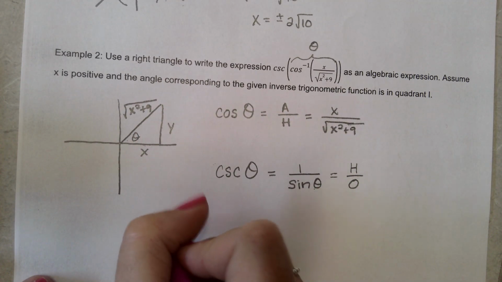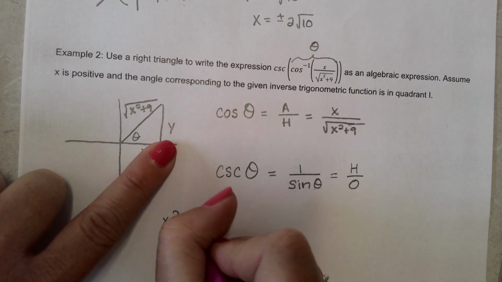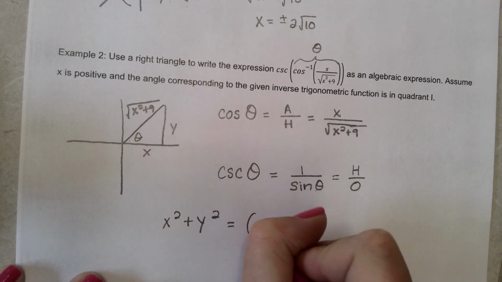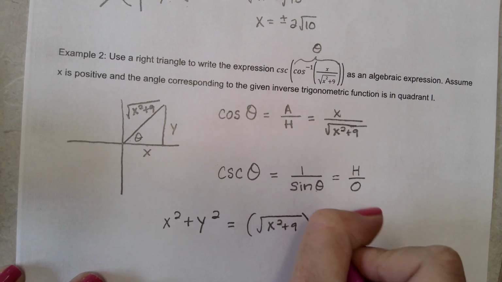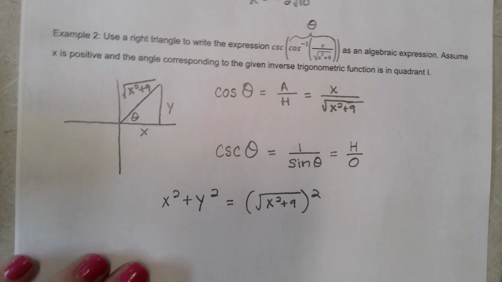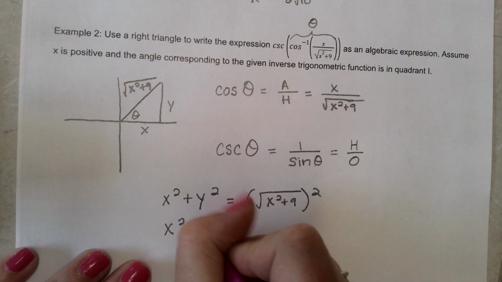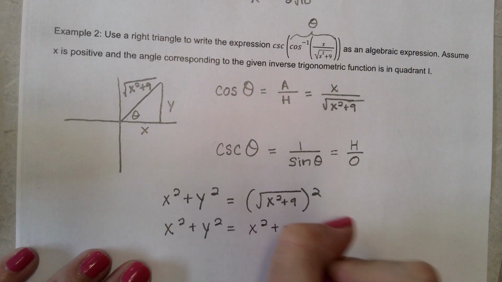So I'm going to get x squared plus y squared equals the square root of x squared plus 9, squared. So this gives me x squared plus y squared equals x squared plus 9.